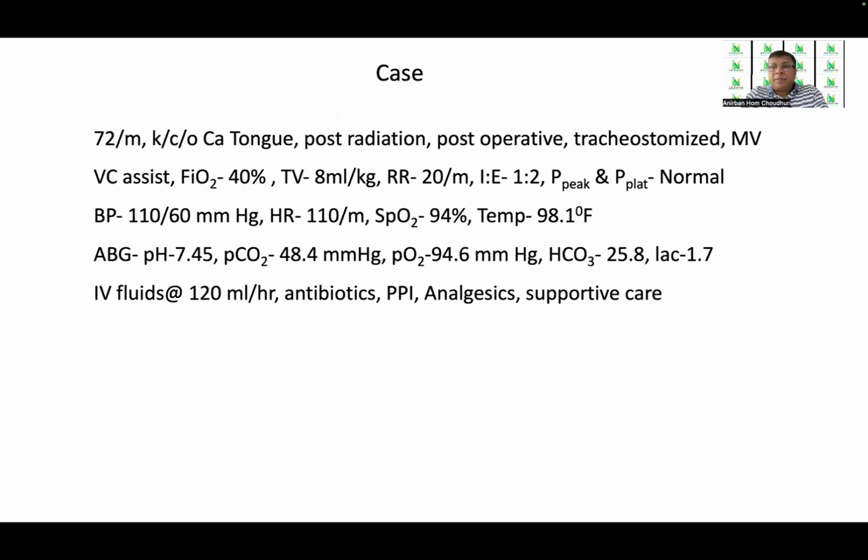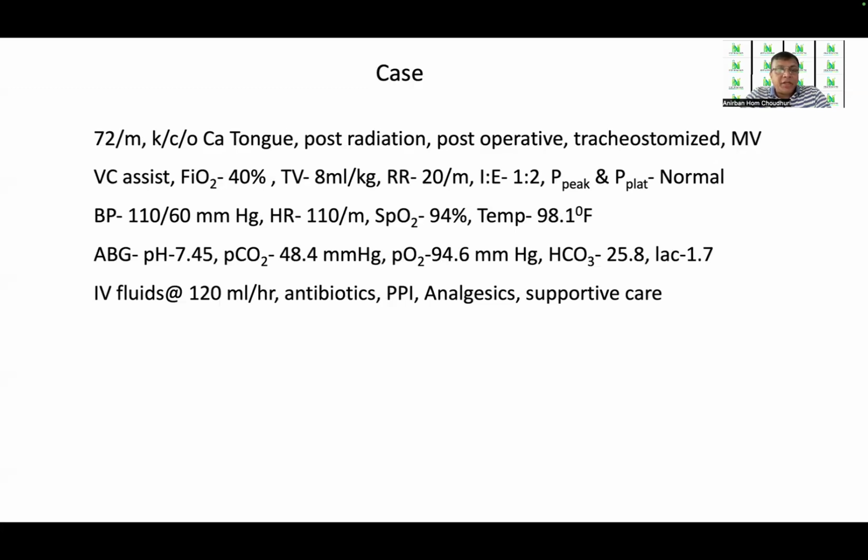So let us begin with the case, a 72-year-old male, a known case of carcinoma tongue, post-radiation, post-operative, tracheostomized, is on mechanical ventilation. Patient is currently on volume control assist with an FiO2 of 40%, tidal volume of 8 mils per kg, respiratory rate of 20 per minute, I:E ratio of 1:2, and the displayed peak and plateau pressures seem to be normal.